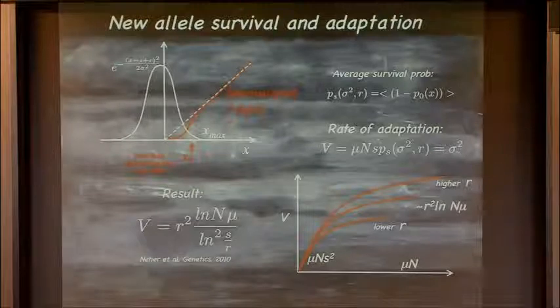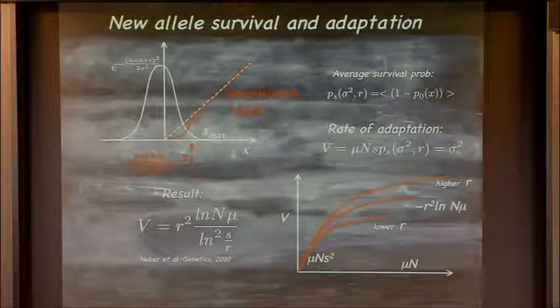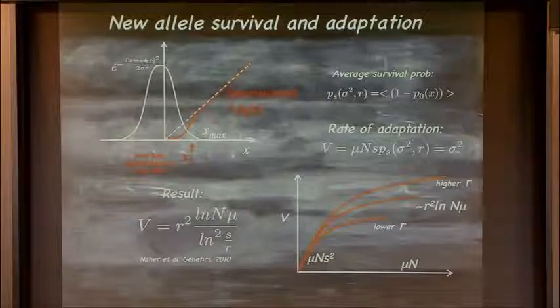But now, thanks to Fisher's theorem, we have a relation, right? So the velocity, speed of adaptation is equal to the variance. Now we have an equation that actually allows us to determine that variance that we didn't know to begin with.